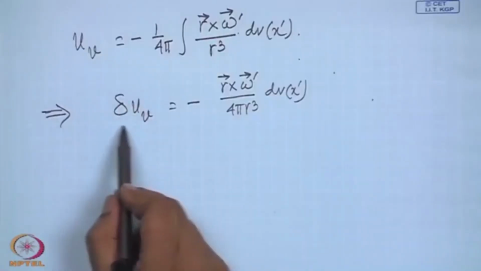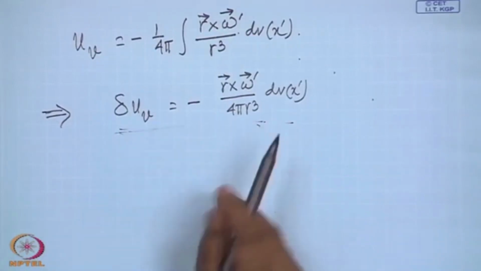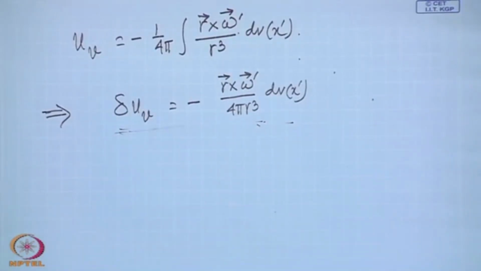That is not possible, because such a vorticity distribution will not have a 0 divergence. So, this velocity distribution on its own cannot exist in a fluid.